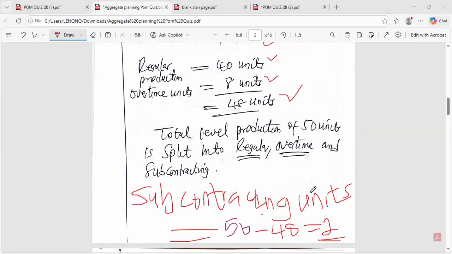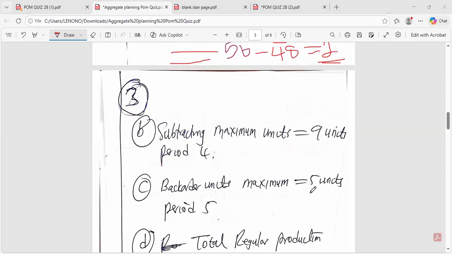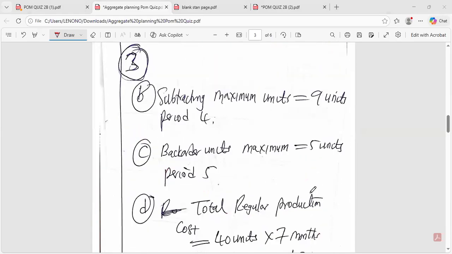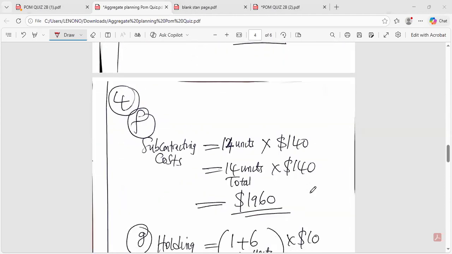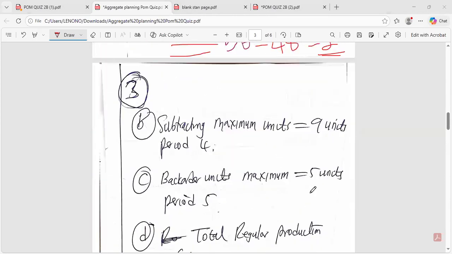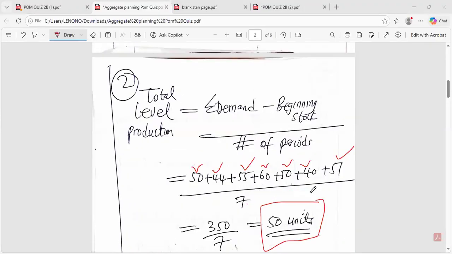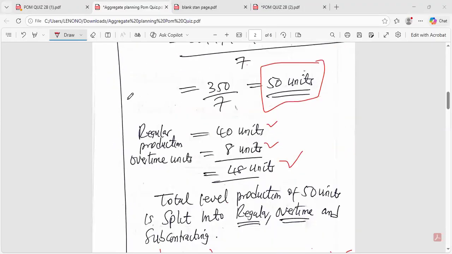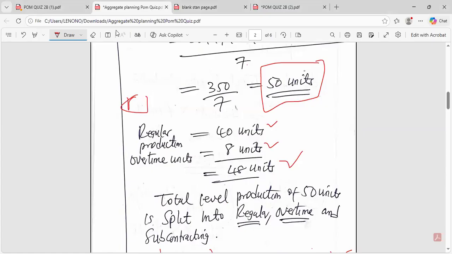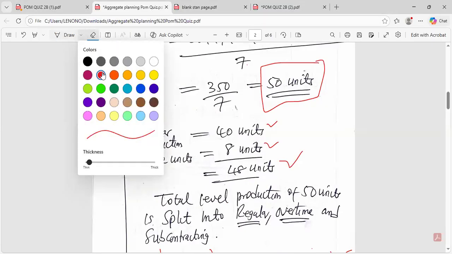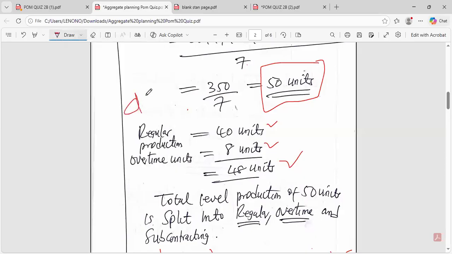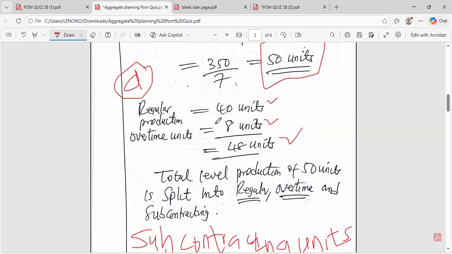So as we answer the first part of the question, for part A, we are simply saying, the solution to part A. The first question asks what is the total level production?